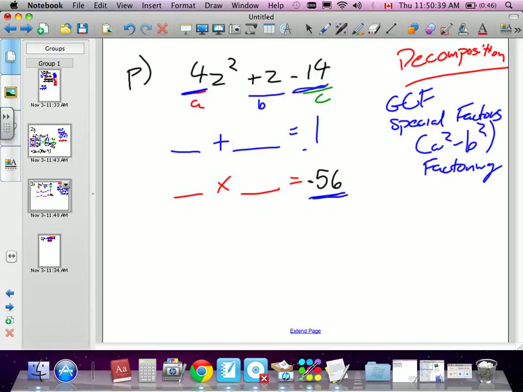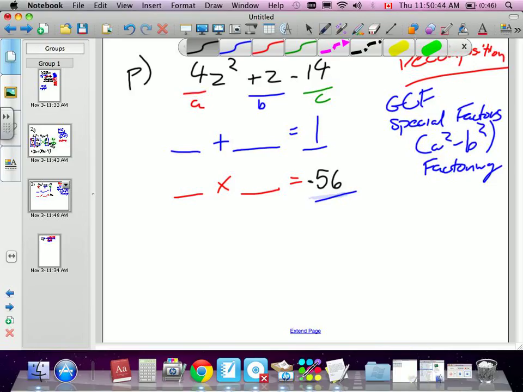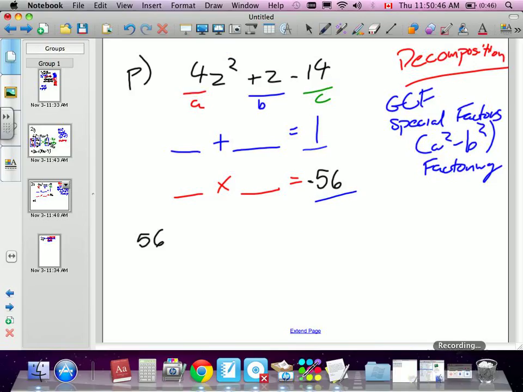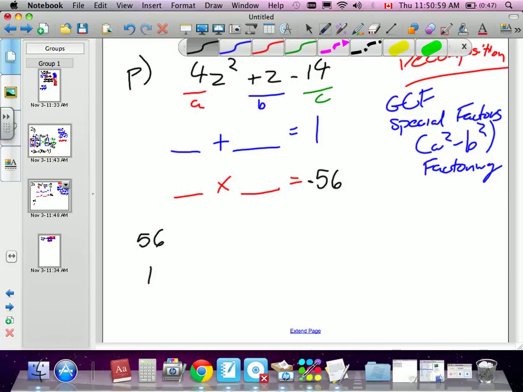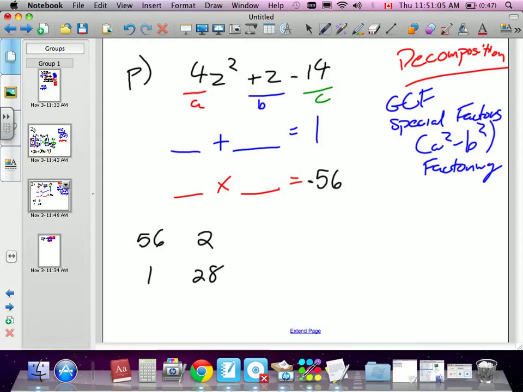So I'm going to start writing out factors of 56. So we have 56 times 1. 2 times 28. Does 3 go in? Anyone know?